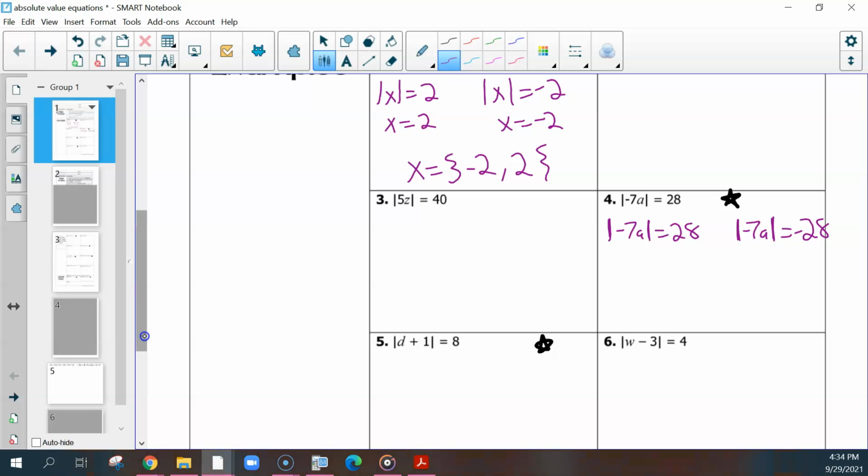I'm going to drop my absolute value signs and solve. So here I'm going to divide both sides by -7. And I'm going to get A equals -4 and A equals +4.